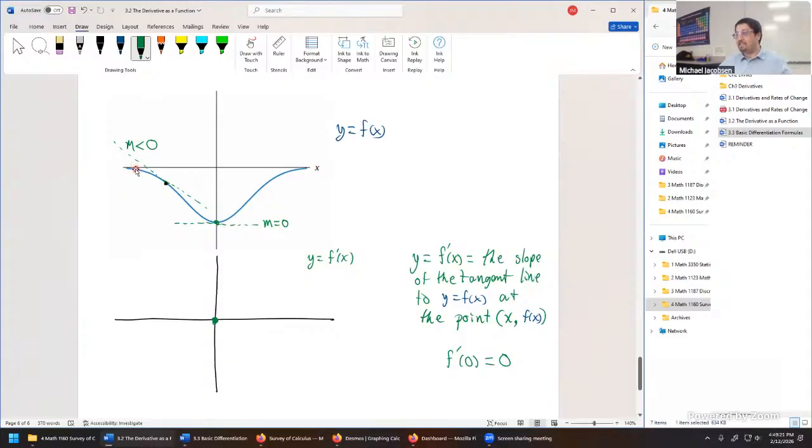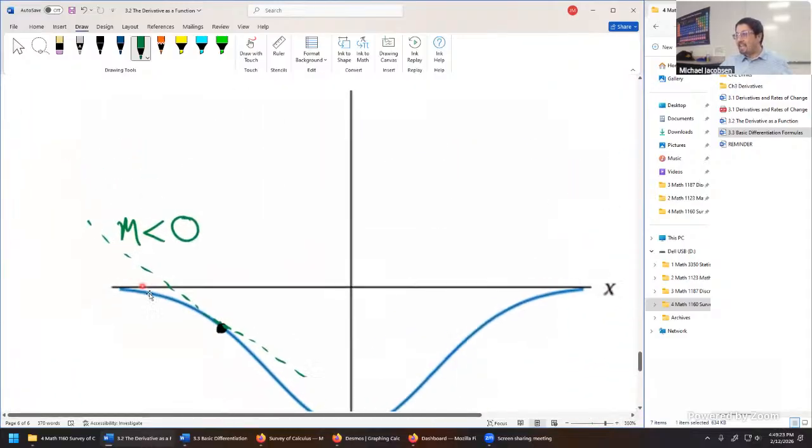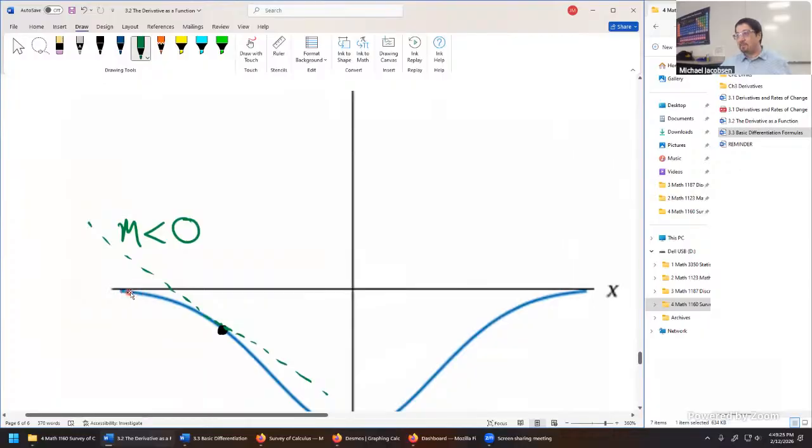But out here, sure, it's negative, but the tangent lines get really, really flat here. So if I put a tangent line in this region, m is approximately 0. It's pretty close to 0. Maybe it's hitting it exactly. And same over here, approximately 0 in this region. M, approximately 0 in that spot as well.